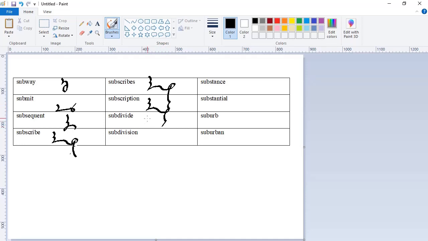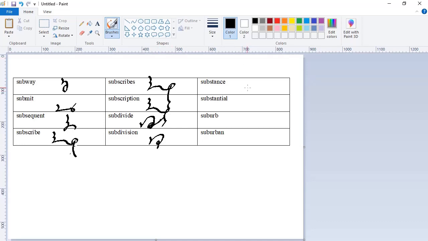Okay, subdivide. So we have sub and then div and then yung ating id. Subdivide. ID. Okay, next, D yan ha. Next, subdivision. So we have sub, div, shon.